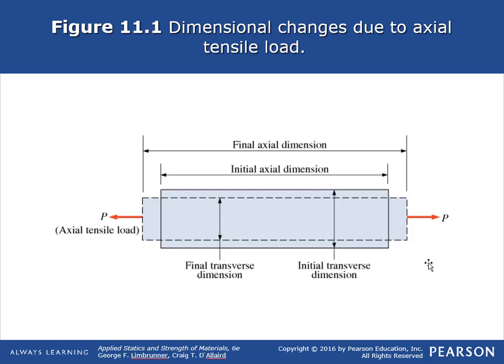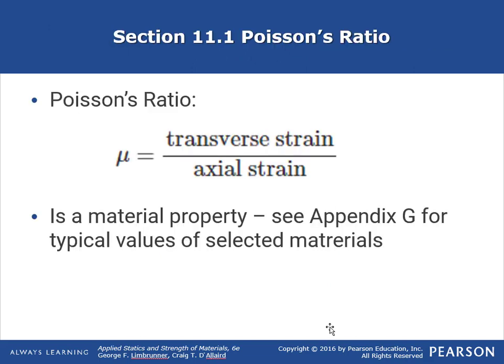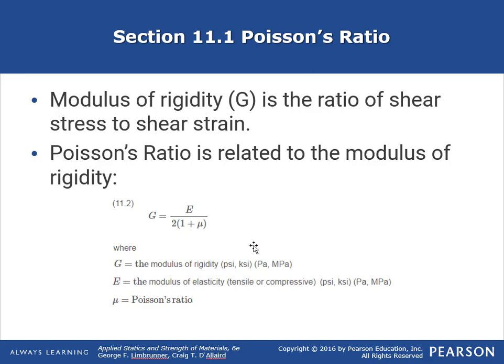I'm applying a load, P. In the axial direction, our bar is stretching, but in the transverse direction we have a decrease in diameter. Poisson's ratio is actually a property of the material, and it's defined as transverse strain divided by axial strain. It's also related to the modulus of rigidity, G, and the textbook gives you this equation.